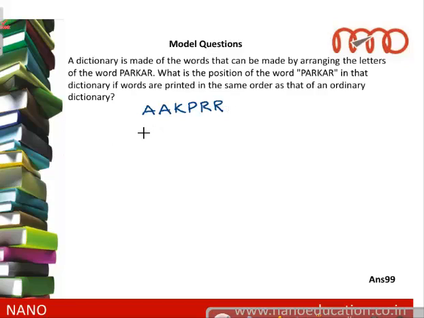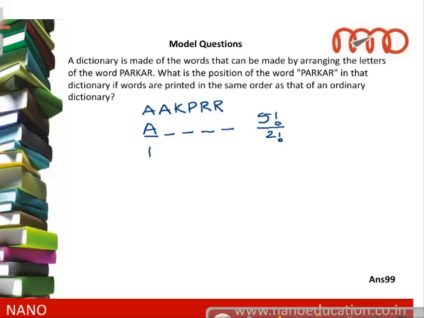So by permuting these 6 letters among themselves, first you will have all words starting with A. Starting with A, how many words would be there? Arranging the remaining 5 letters in 5 factorial ways, of which 2 R's are identical, 2 factorial ways.